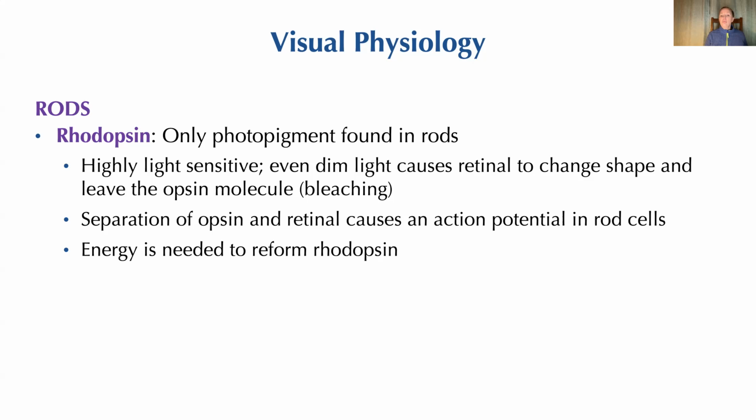So even in dim light, it's going to cause the retinal portion of this to change shape and leave what's called the opsin molecule that's bleached out. Separation of opsin from retinal, the two parts of the rhodopsin, will cause an action potential in the rod cells that then gets transferred through those bipolar cells into the ganglion cells that then form the optic nerve.